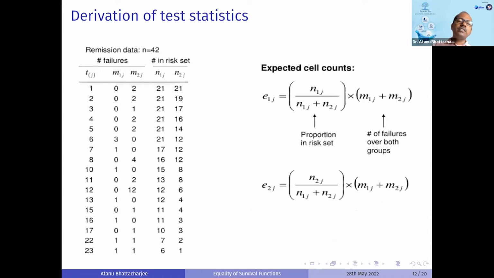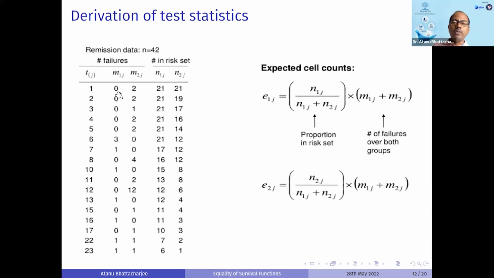So that's how it happens. Basically 2 groups of people are there, and both groups are observed at particular time points T1, T2, T3. For each group we have their event counts.